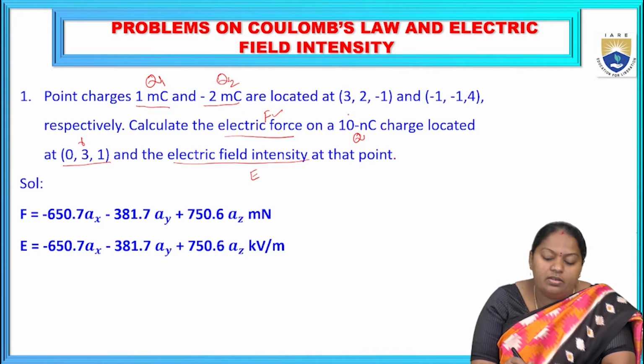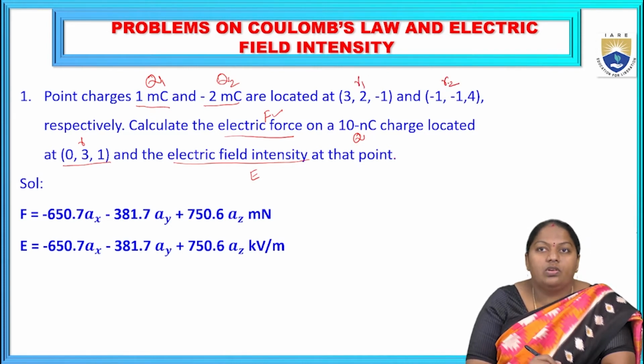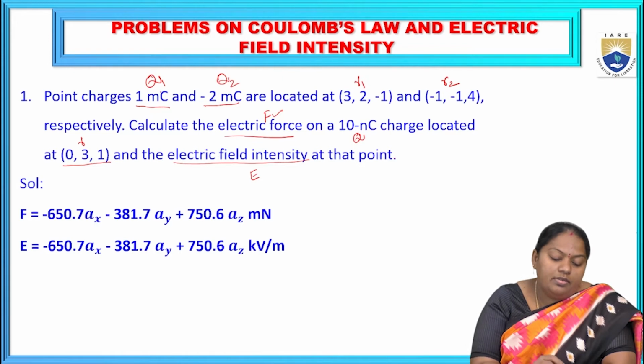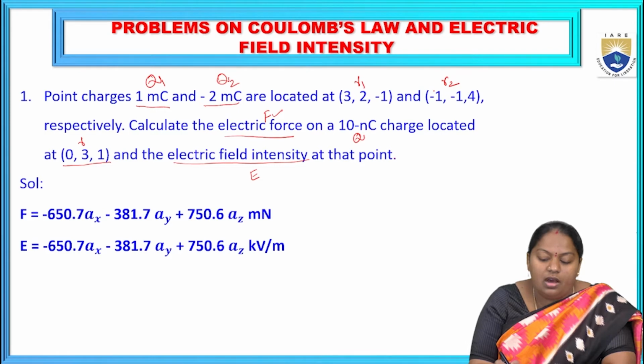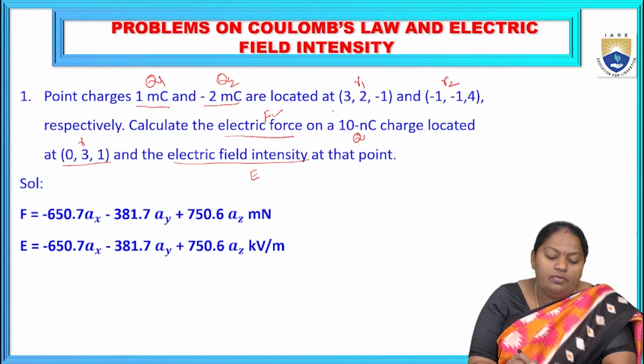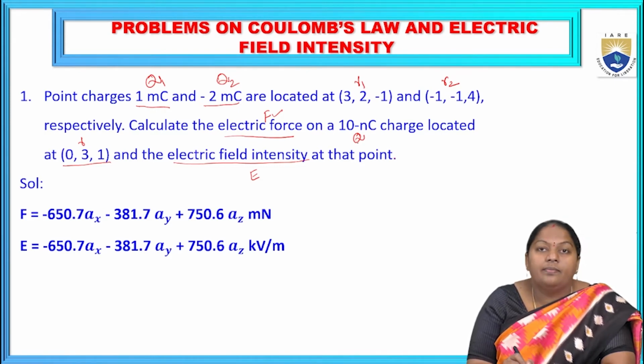These two charges are located at position vectors R1 and R2. Along with these four, we have another charge, Q, which exerts on these two charges Q1 and Q2. Right?